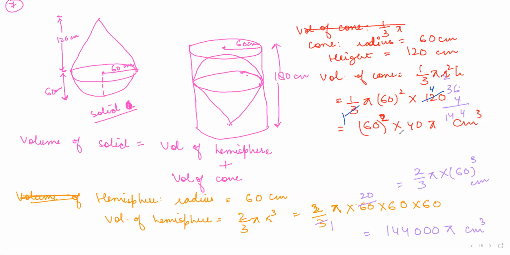So 60 square into 45, this is right. Then the volume of hemisphere, let us check. This is 2 by 3 pi r cube. So 2 by 3 pi into 60 cube that I have written here, right? Yes, ma'am. Okay, that is also right.